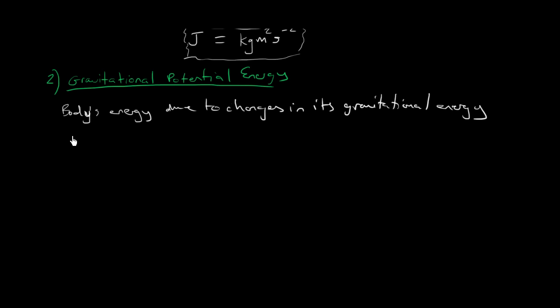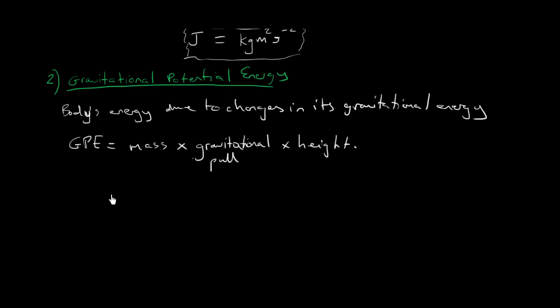And this is normally defined as gravitational potential energy equals the mass times the gravitational pull, or gravitational constant, times the height.